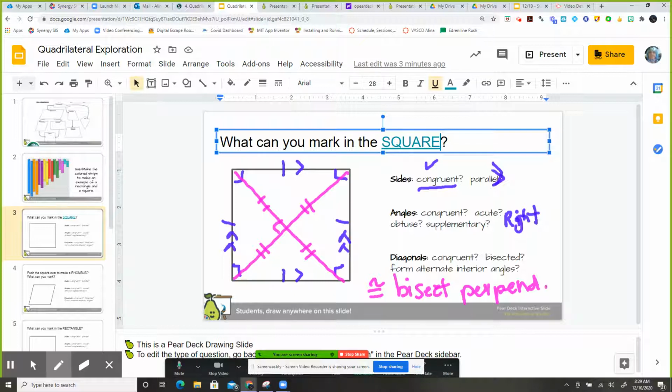Let me know if we're ready to go on to the next shape. The next shape is going to be a rhombus.